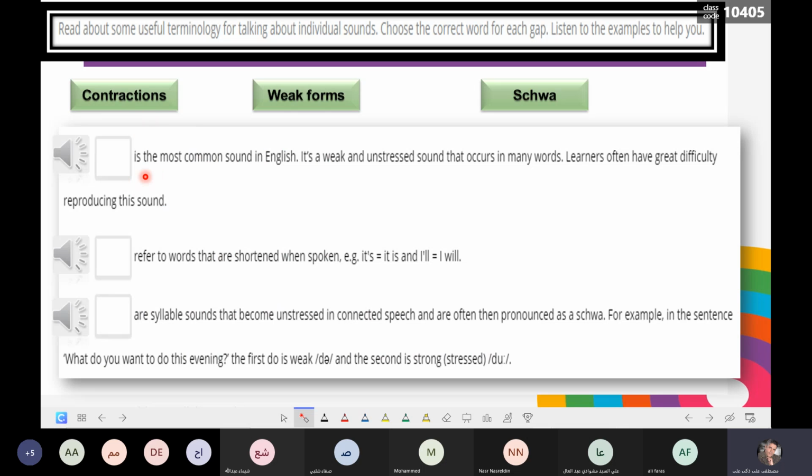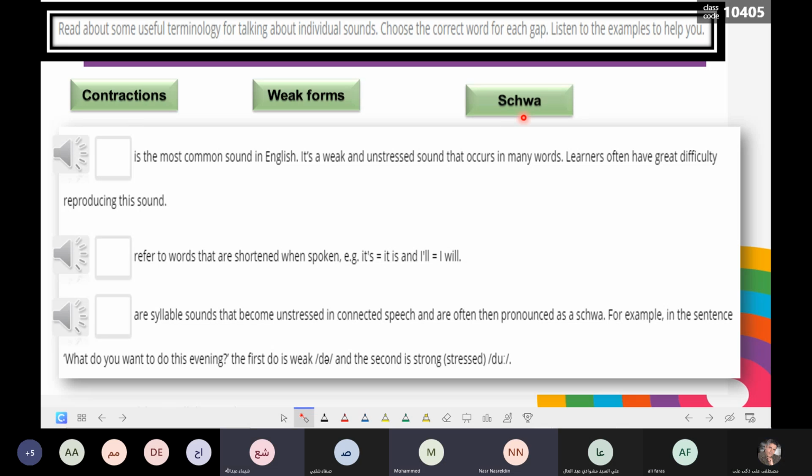For example, what is the most common sound in English? It's a weak and unstressed sound that occurs in many words. Learners often have great difficulty reproducing this sound. Is this the definition of contractions, weak forms, or schwa?